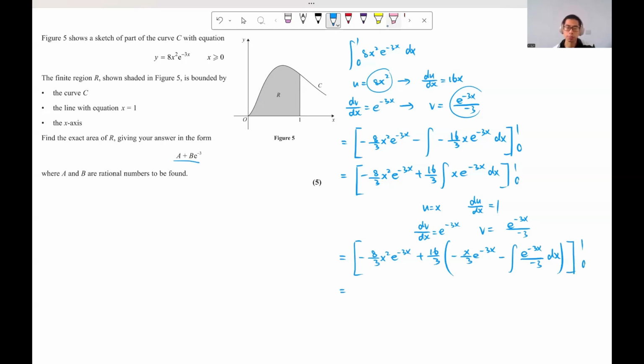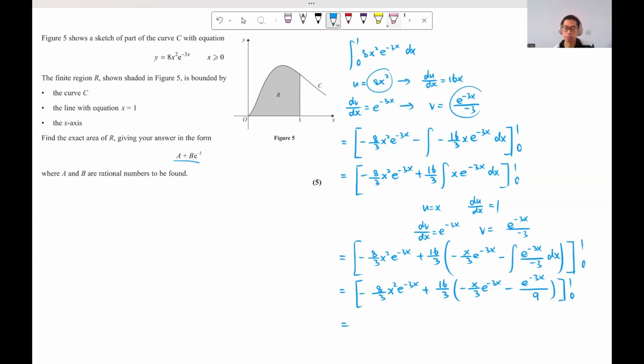So that can be simplified to negative 8 over 3 x squared e to the power negative 3x plus 16 over 3 times negative x over 3 e to the power negative 3x minus the integral of e to the power negative 3x over negative 3, and we already have negative 3 in the denominator, so negative 3 will become positive 9, with the same limits, 1 and 0.